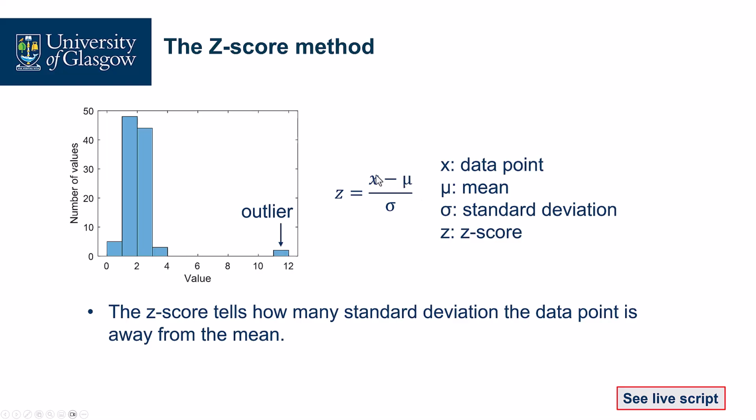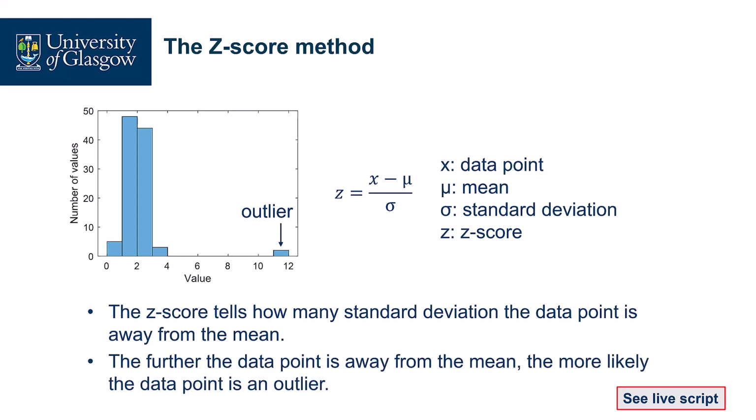That's why we take x minus mean, with the result divided by the standard deviation. So clearly the larger the number of standard deviations the data point is away from the mean, the more likely it is an outlier, right? So we can use the Z-score to judge it, right?